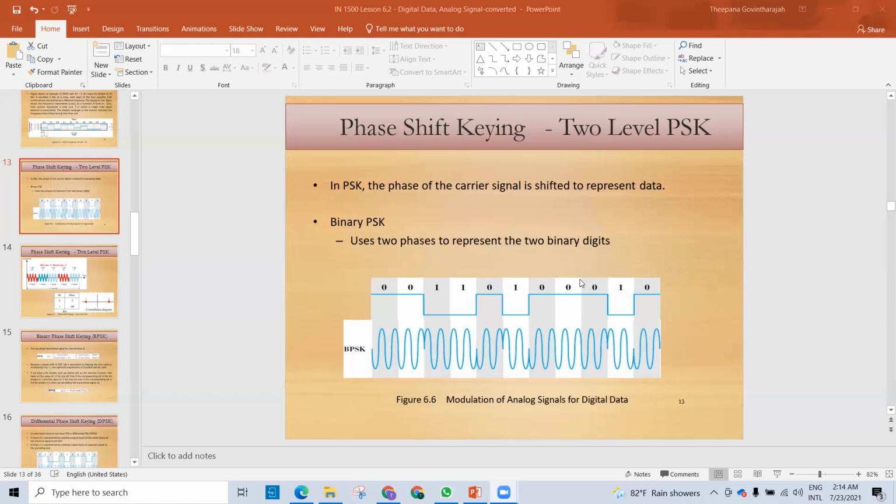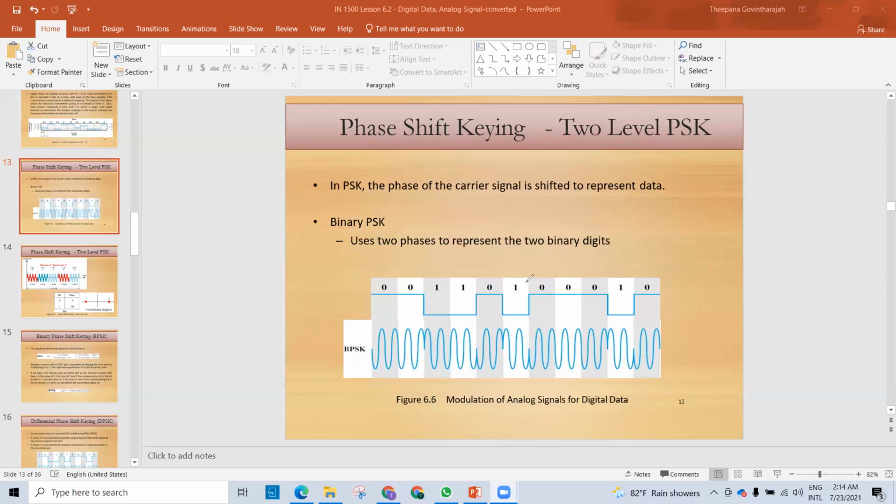So the phase of the carrier signal is shifted to represent data. In binary PSK, two phases represent two binary digits, zeros and ones.